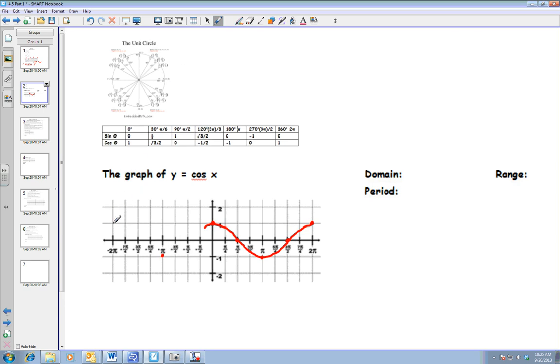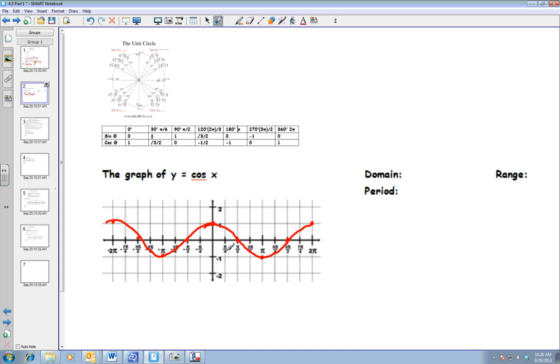I'm going to be up here. Let's see, -pi over 2. -pi over 2 is right here, and cosine is 0. And -3 pi over 2. -3 pi over 2 would be this point right here. -3 pi over 2 is 0. So you notice if I continue this curve on, it looks something like this. Okay, so there is my cosine curve.